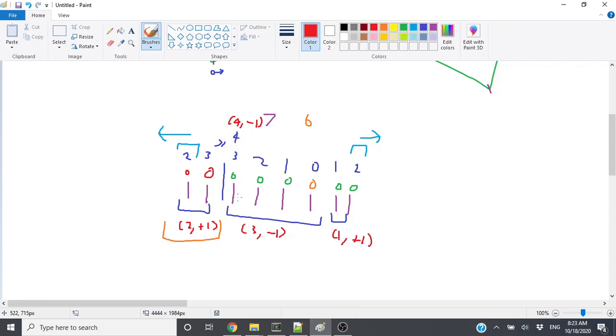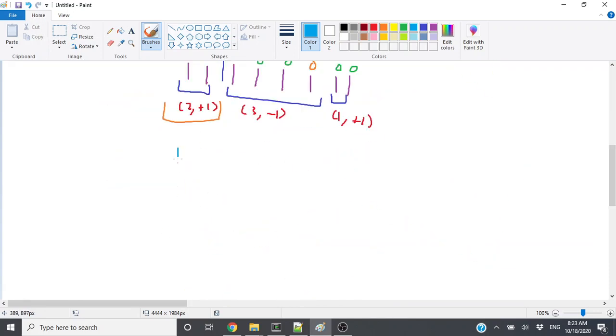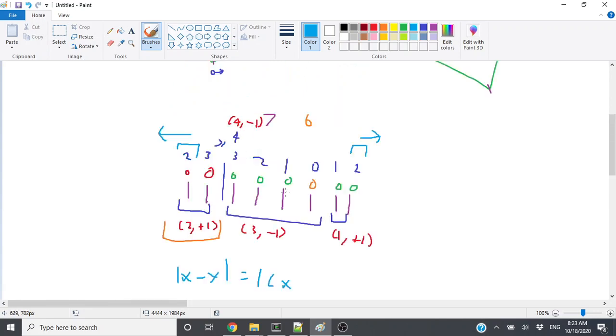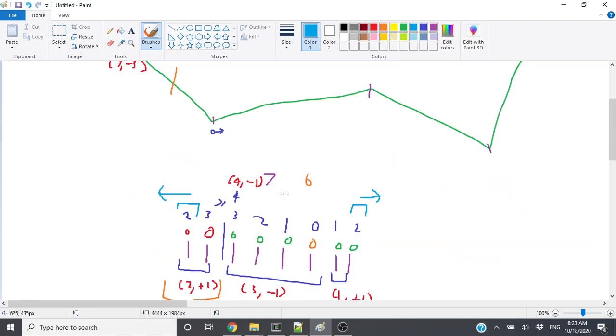So okay, let's compute the left boundary, I guess. When does this happen? It's the coordinate where x minus y is equal to x plus n minus y? Yeah, it's like shifting this coordinate over by n, and then just going right until you get to the 0.